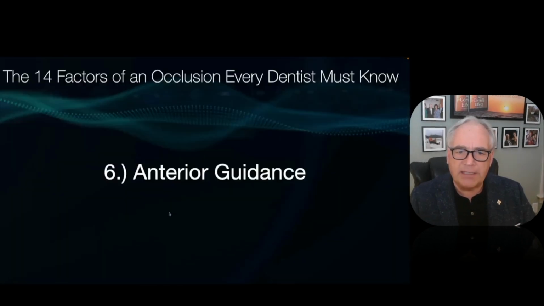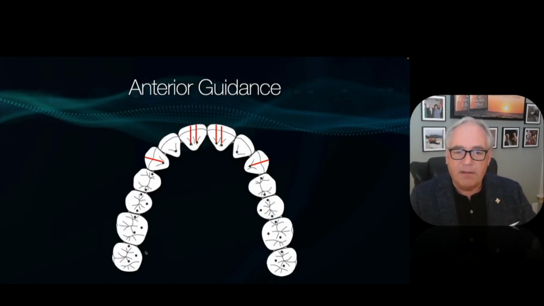We start looking at the sixth factor, which is anterior guidance. And here again, as we first visualize our centric stop, equal intensity contacts all the way around. We've talked about that nuance of non-interfering posterior teeth. Well, we're going to have to rely on contact lines on those front teeth.